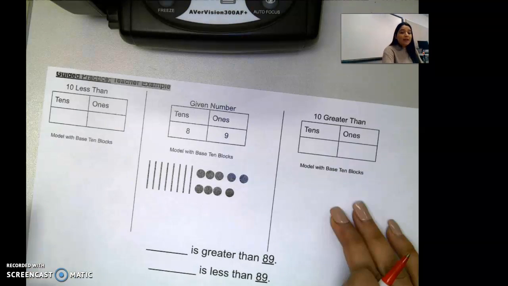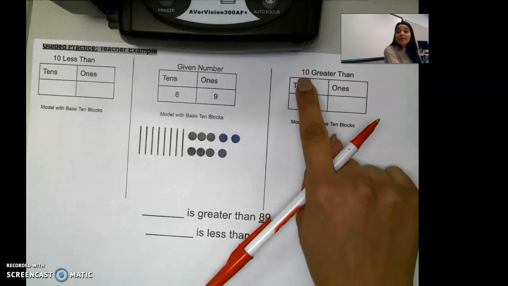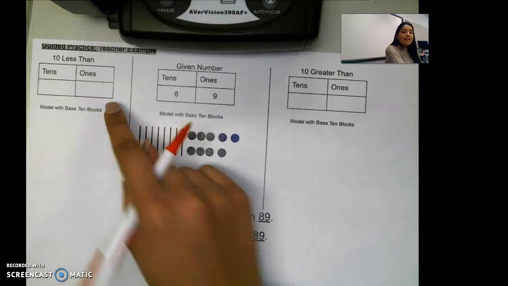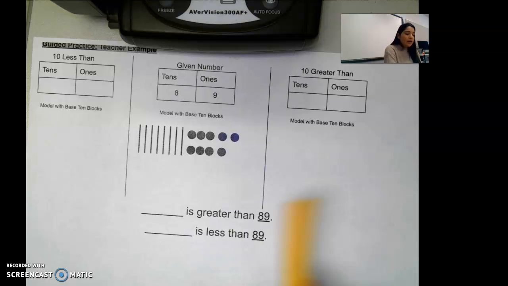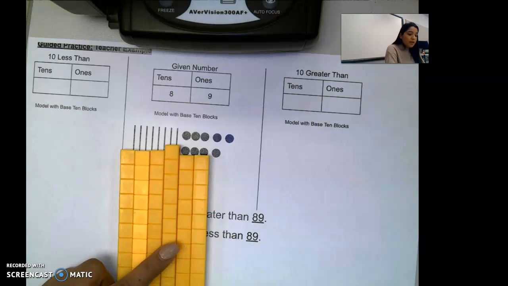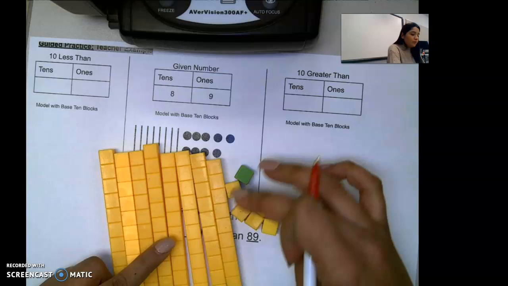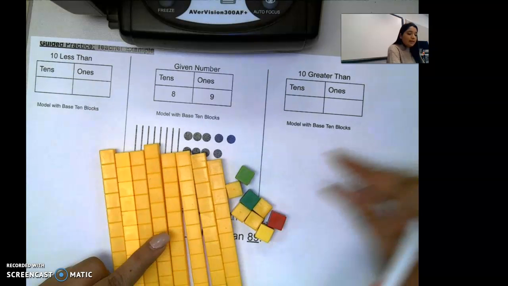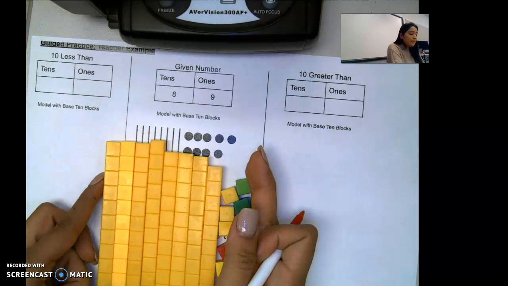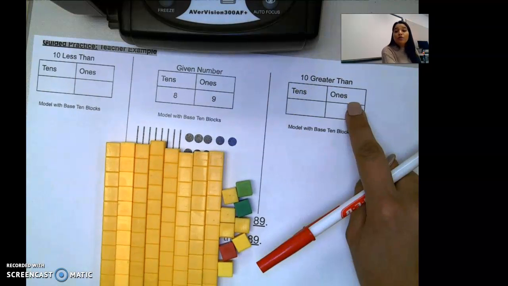One more. We're doing 89 again, but we're generating a number 10 more and 10 less. So let's go ahead and get our 89 blocks again. 8 tens, and then our 9 ones: 2, 4, 6, 8, 9. So now, let's start with 10 greater than.